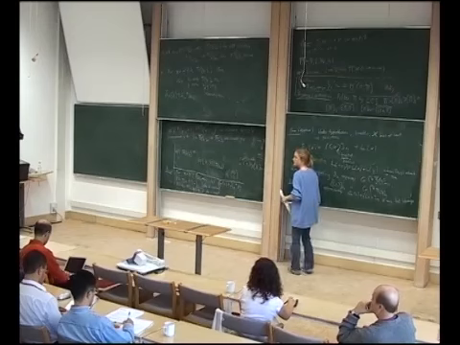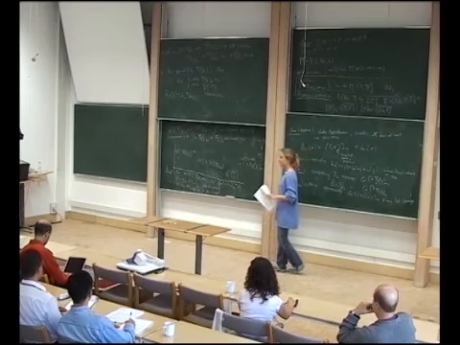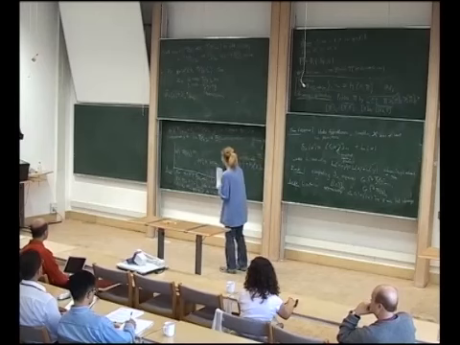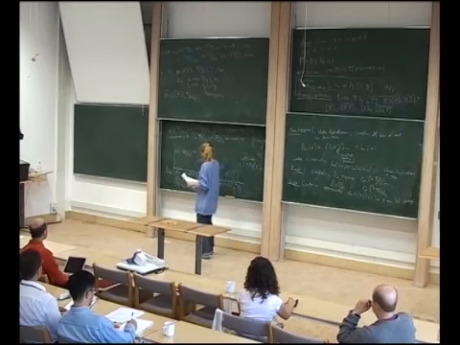So why does this give a generalization of the structure of the delta n?